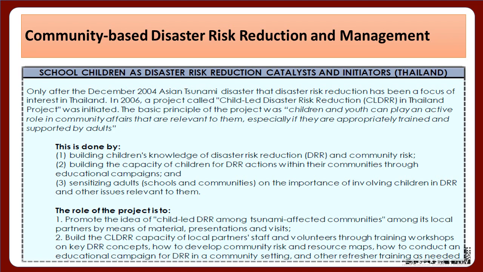This is done by building children's knowledge of disaster risk reduction and community risk, building the capacity of children for DRRR actions, and also sensitizing adults on the importance of involving children in DRRR. So they are allowing these children to help and aid during disasters, like a tsunami in their place.